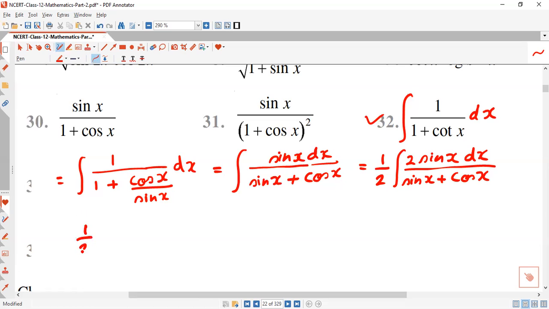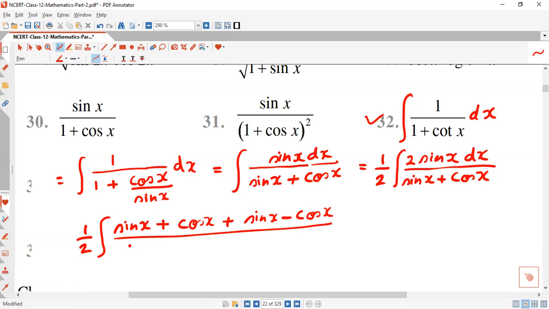So it becomes half. We are adding the sin x plus cos x, and again we have sin x minus cos x. Basically, in the numerator we add plus cos x and minus cos x, so it doesn't matter. And in the denominator we have sin x plus cos x.